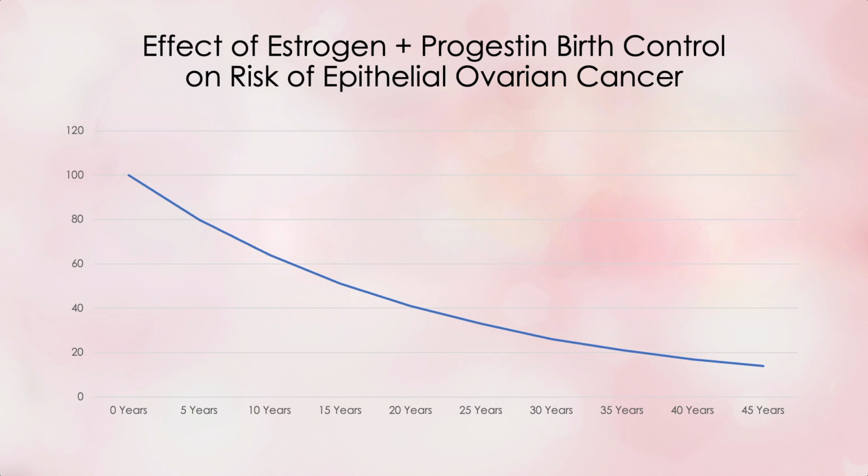Taking it for 5 years reduces your risk to 80% of that. 10 years reduces it to 64% of that. 15 years to 51% of that. 20 years to 41% of that. 25 years to 33% of that. 30 years to 26% of that. 35 years to 21% of that. 40 years to 17% of that, and 45 years to 14% of that.